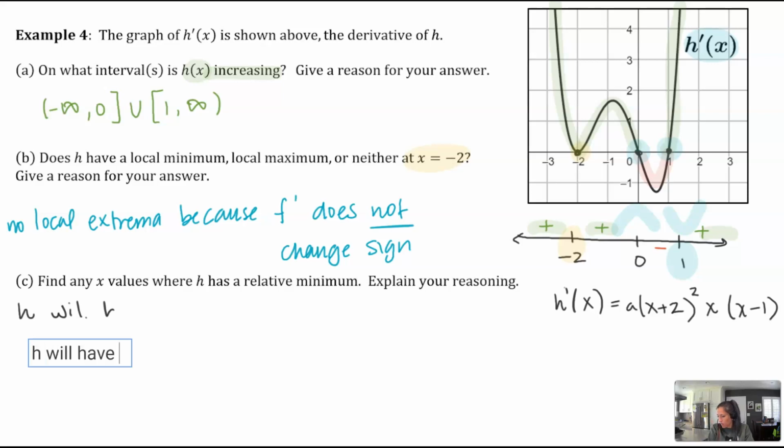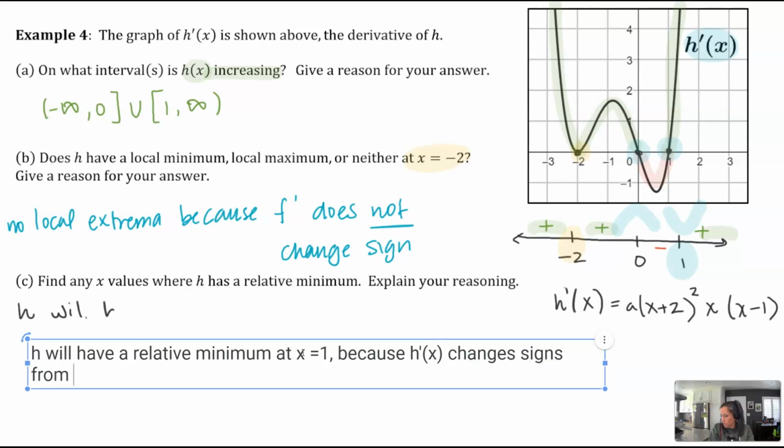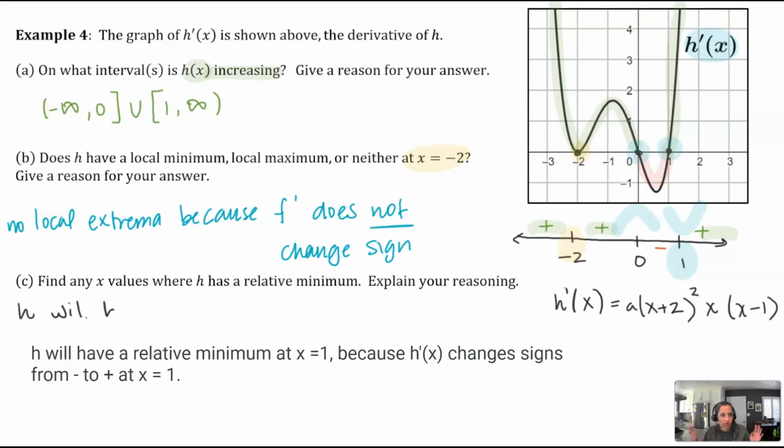All right, h will have a relative minimum at x is equal to 1, because h prime of x changes signs from negative to positive at x is equal to 1. Cute. There we go. That's example 4.